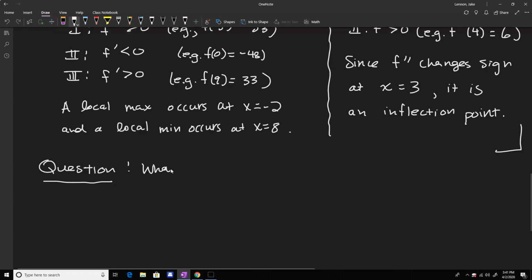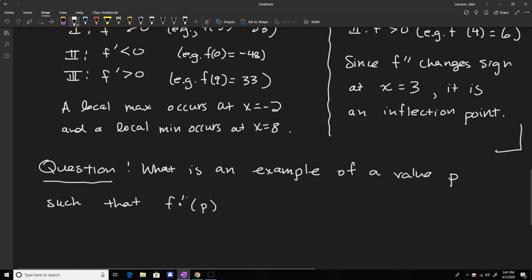Well, we can say, what is an example of a value p such that your function f double prime of p equals 0, but p is not an inflection point of f.